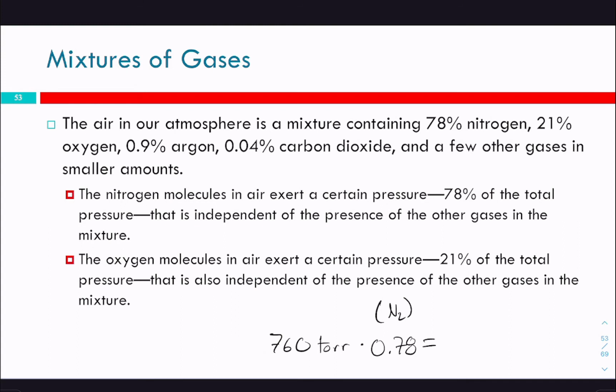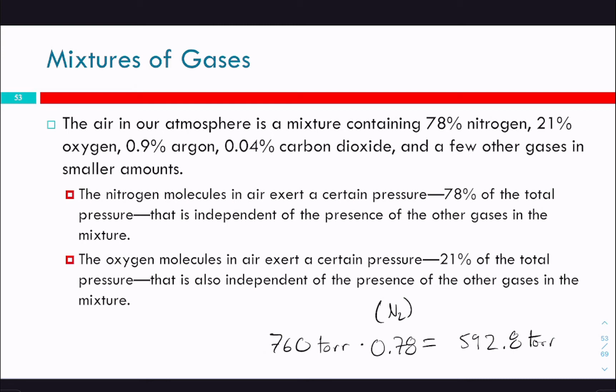That would be 592.8 torr. So at sea level, 592.8 torr is coming just from nitrogen gas. If you removed all the nitrogen gas, you would remove that much pressure.